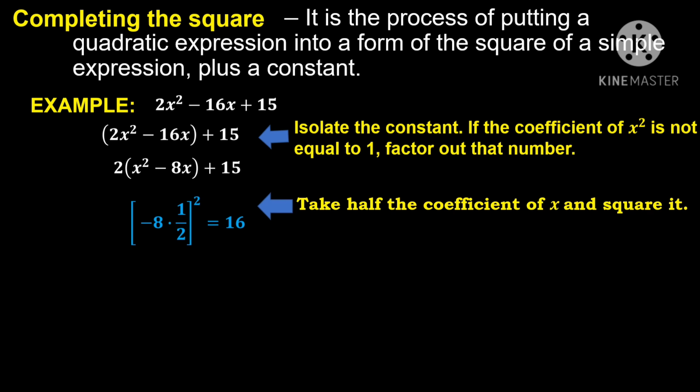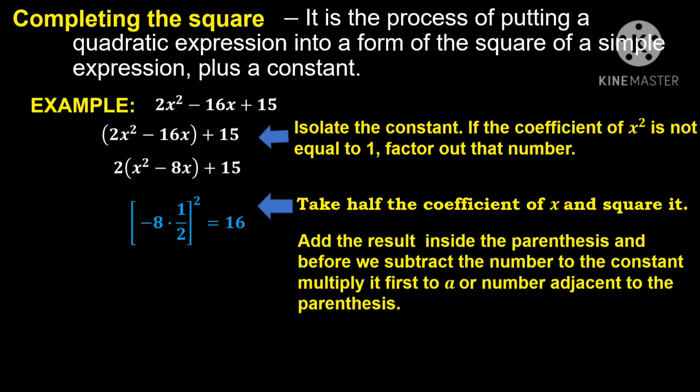This one is the coefficient of x. Taking half of this is the same as multiplying negative 8 by one half, so negative 8 times 1 is negative 8, divided by 2 is negative 4. Then we square it, so we have 16. The square of half of the coefficient of x is 16.